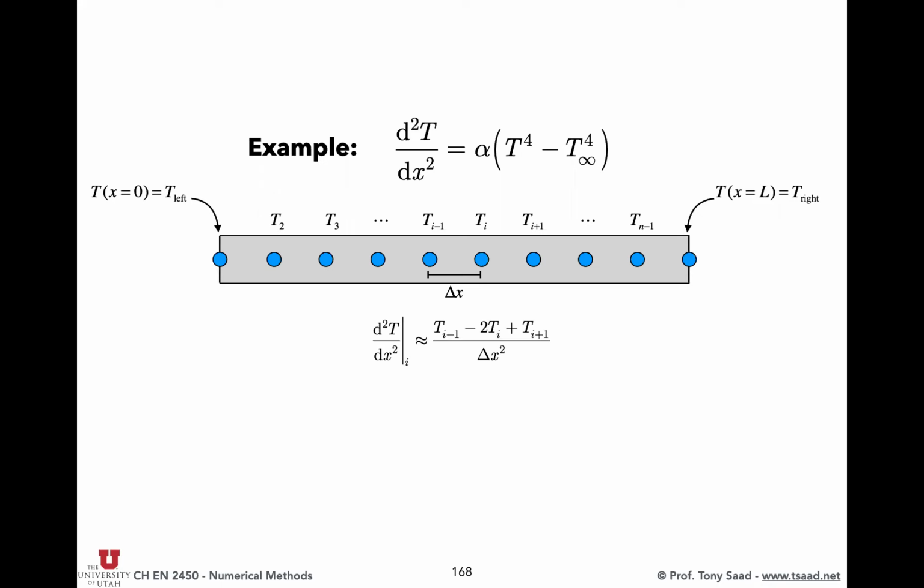And then equals the right-hand side, so alpha times T to the fourth minus T infinity to the fourth. Which T, at what point? So remember, now we're discrete. Yeah, T i. Okay, so this formula, right?